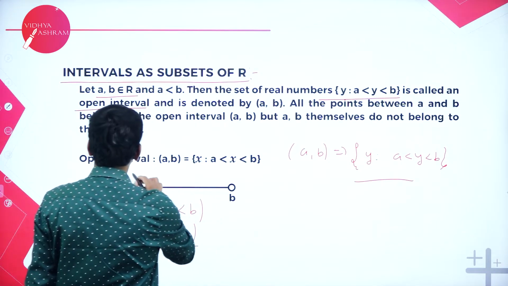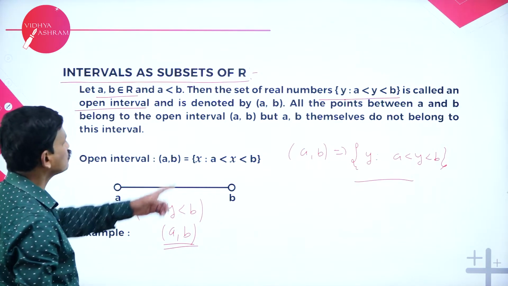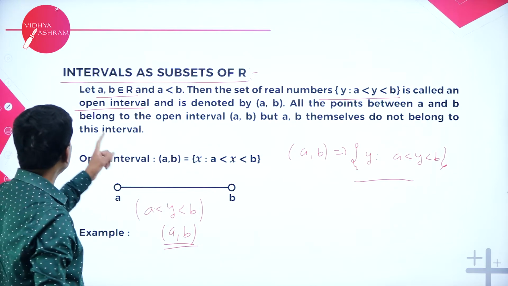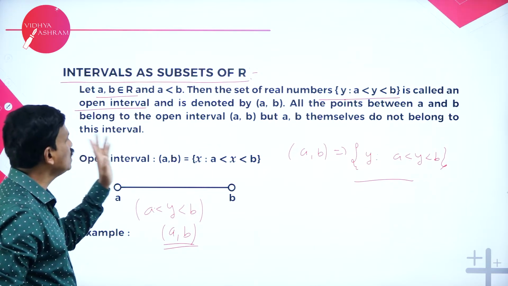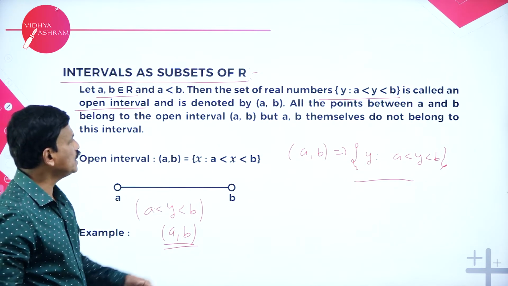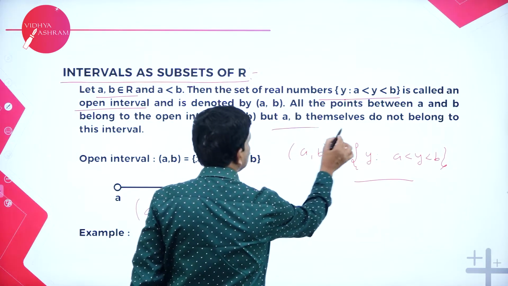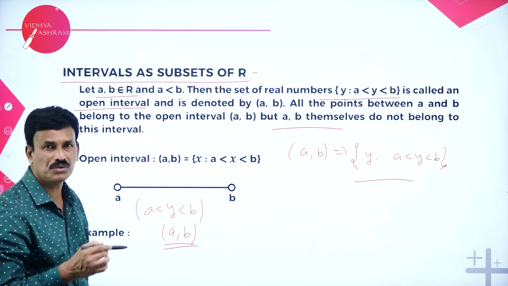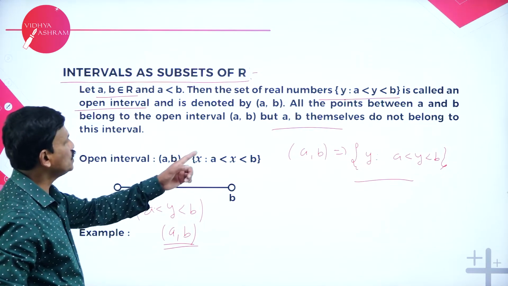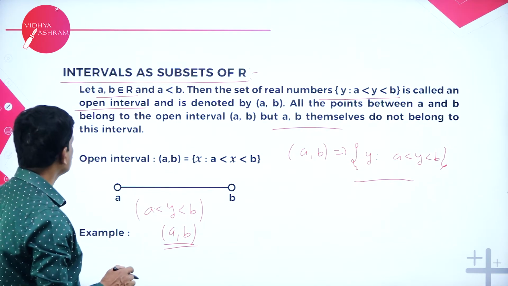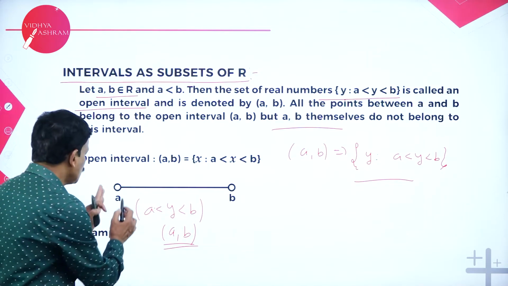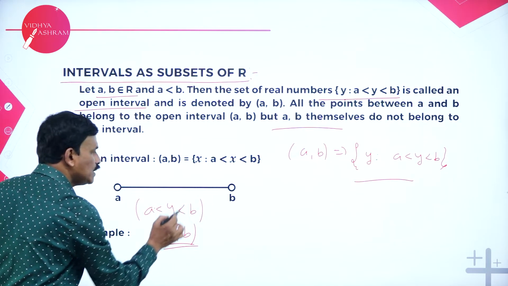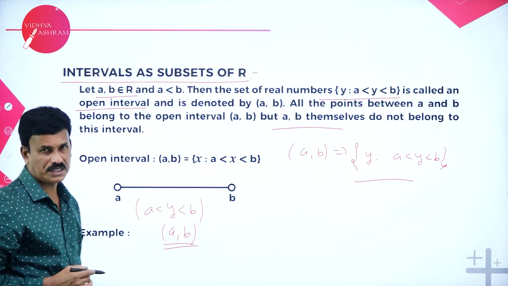Now, here in an open interval, all the points between a and b belong to the open interval, but a and b themselves are not included in the interval. So, a and b themselves do not belong to the interval.